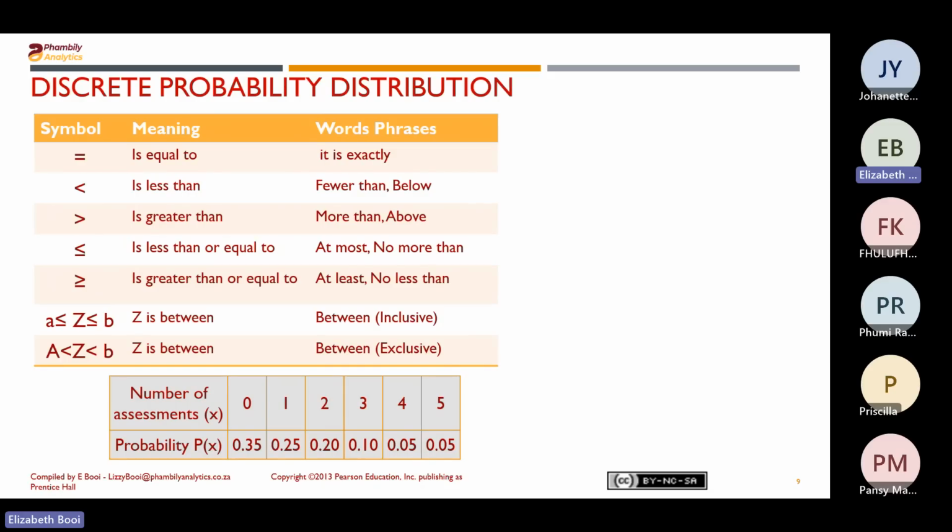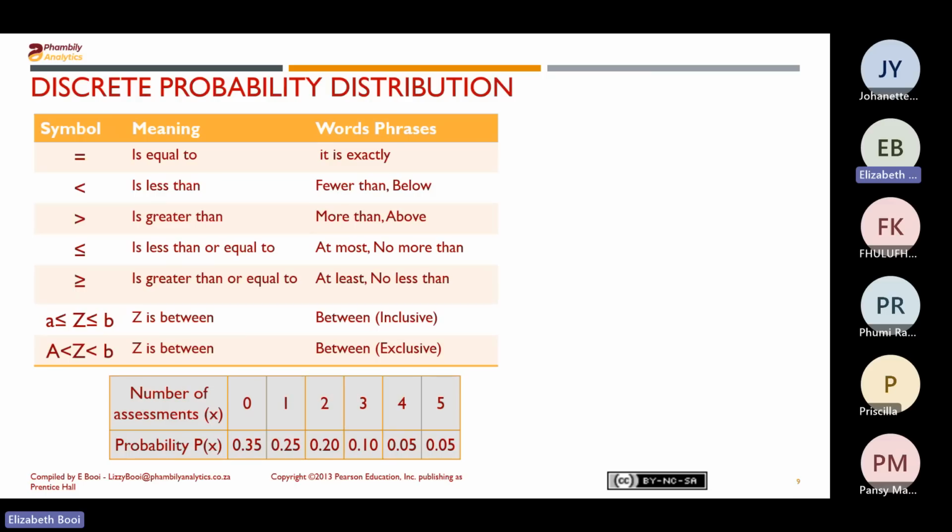Those are easy to understand and attach a mathematical sign to. But when it comes to phrases, the actual sentence or communication words, like exactly, you need to know that exactly means equals to. In terms of the symbol, it's the equal sign.